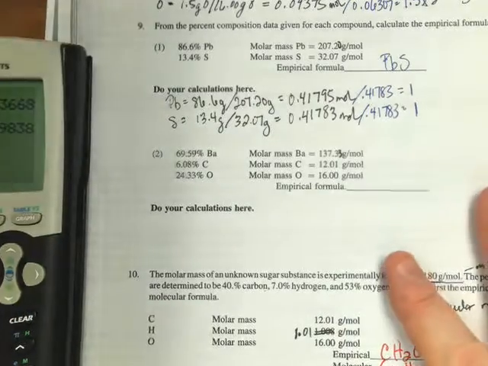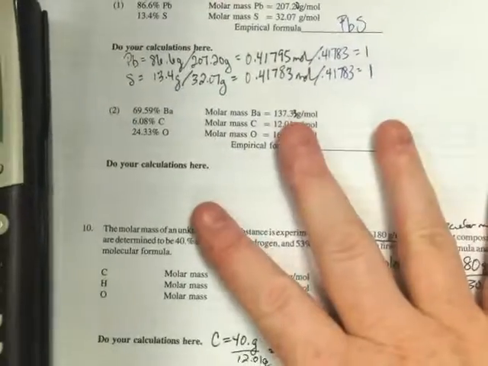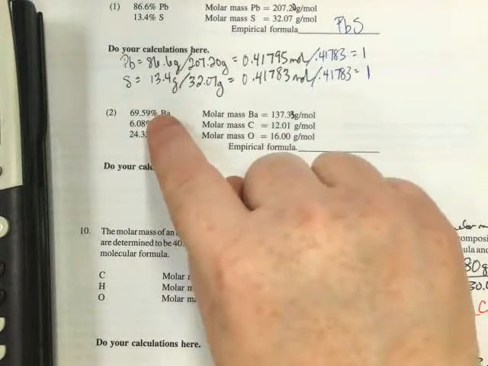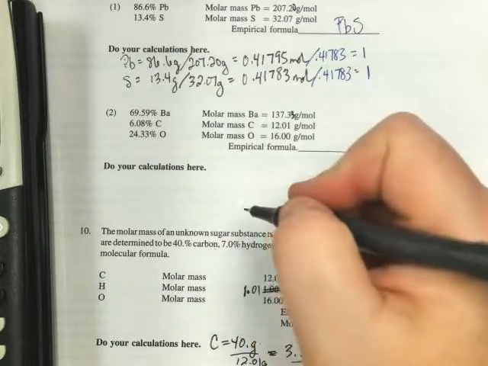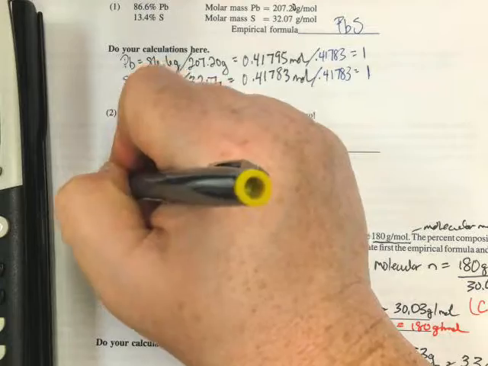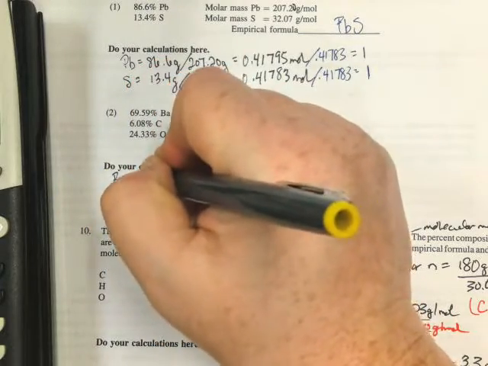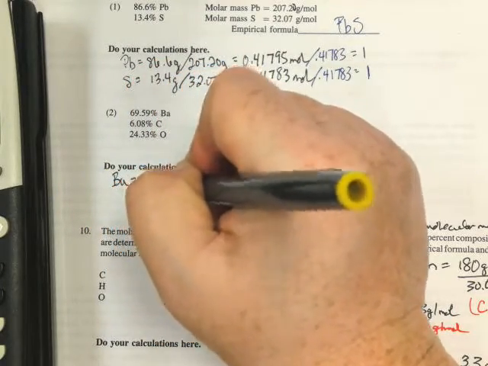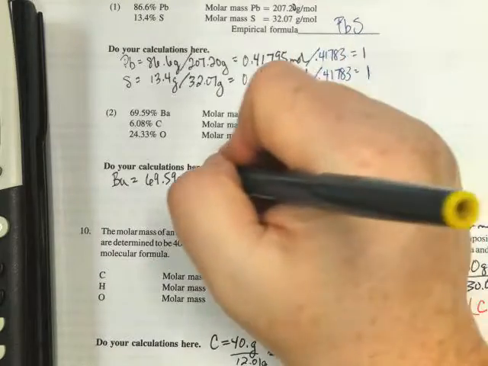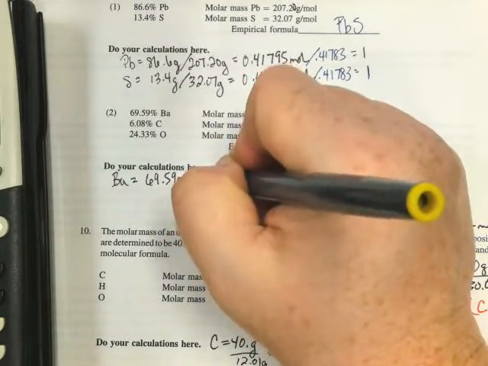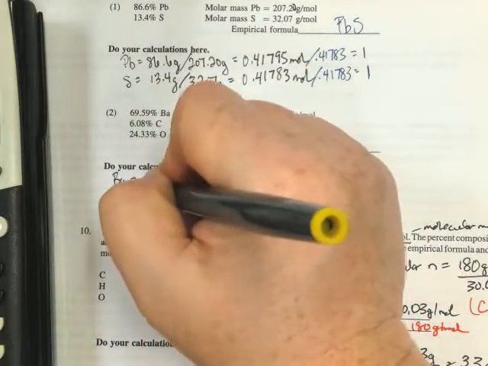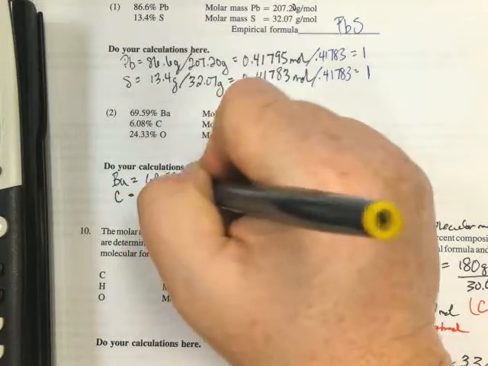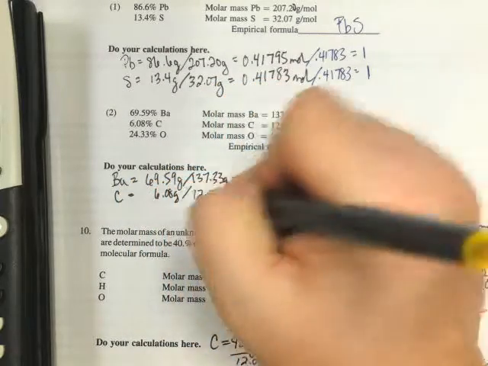All right, and then in the second problem, we have these percentages, and when we add them all up, they add up to 100. So let me go ahead and do the calculations. We've got Ba is 69.59 grams divided by its mass, 137.33 grams. And then we've got carbon at 6.08 grams divided by its individual mass.